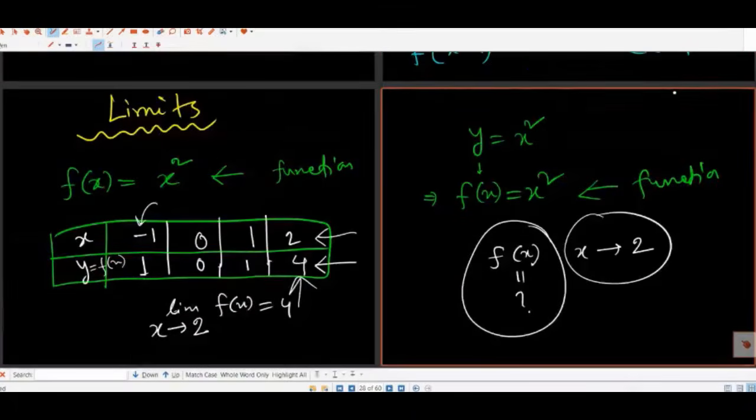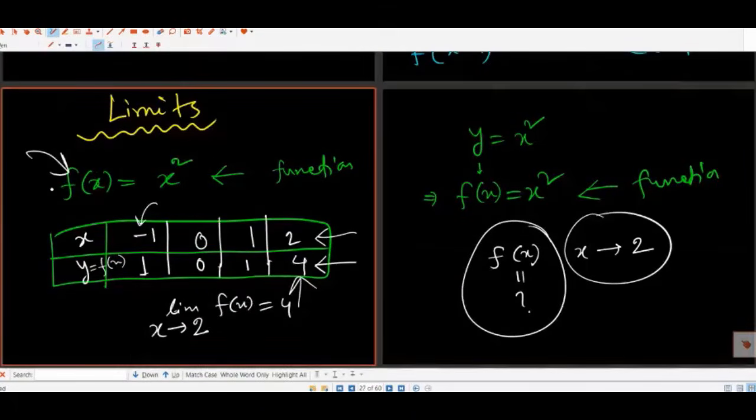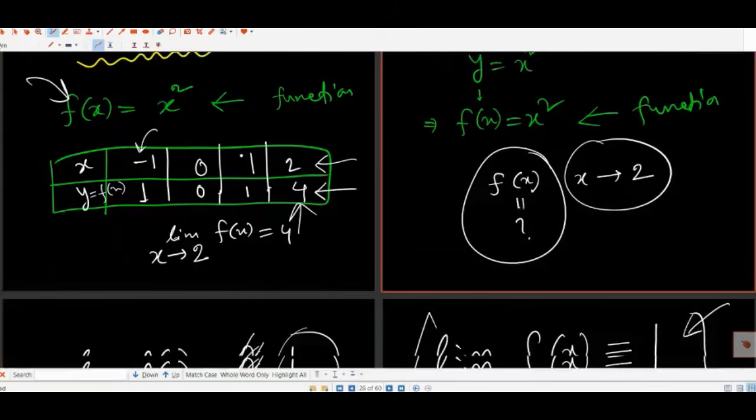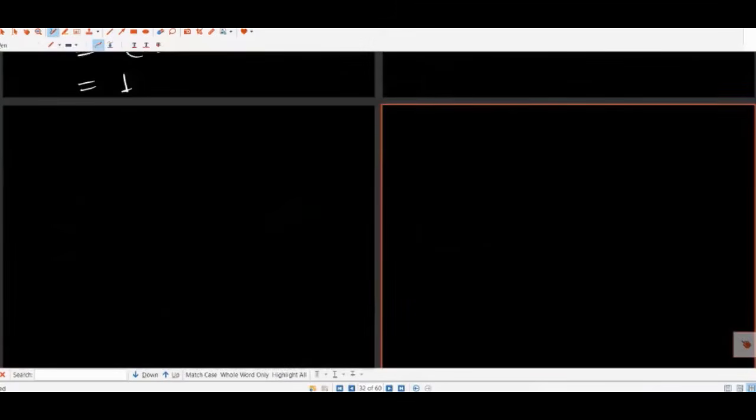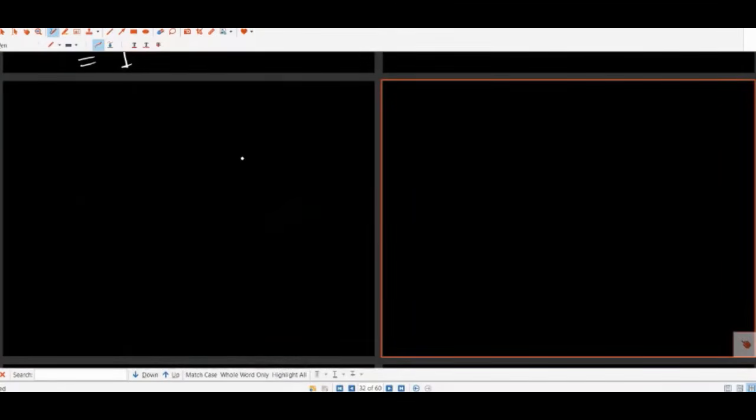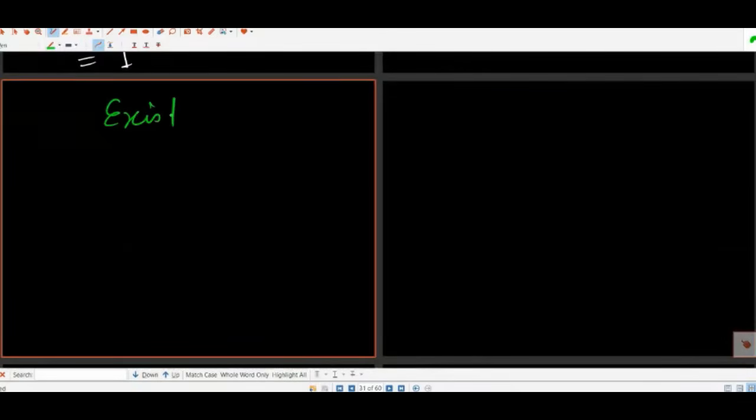The example I have given here is a defined function, a polynomial function. For polynomial functions, limits always exist. But for some functions, limit may not exist. So now there is a term called existence of limit.